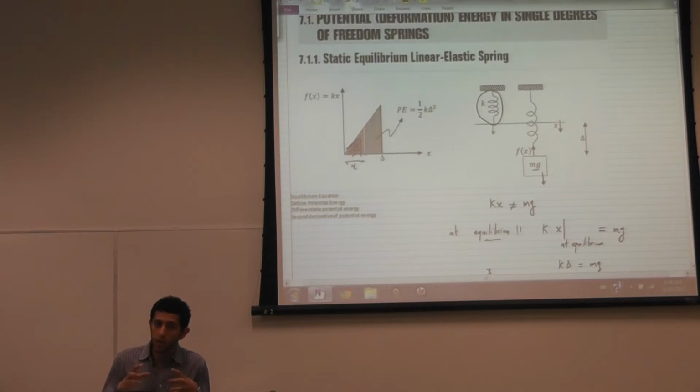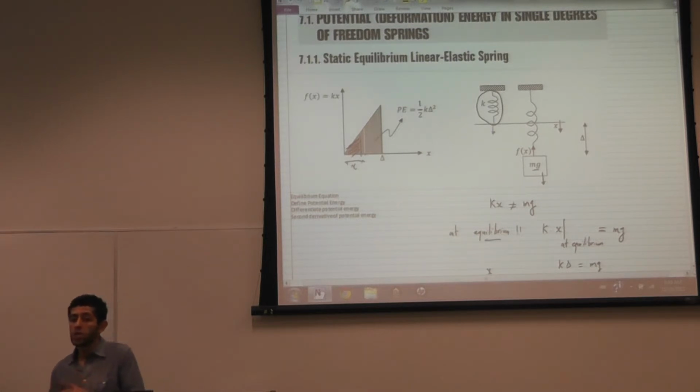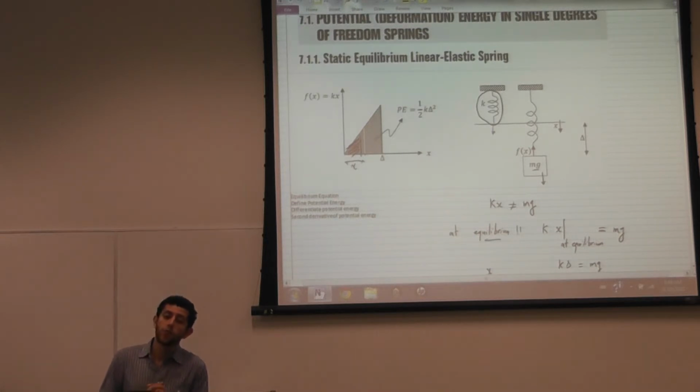If I have a material that I'm deforming, K is equivalent to the stiffness of that material. And so the requirement for stability is that K has to be greater than 0, or the slope of the force versus displacement has to be greater than 0. For the constitutive law of the material, that also implies that for the material to be stable under loading, the stiffness of that material has to be positive definite, or greater than 0.